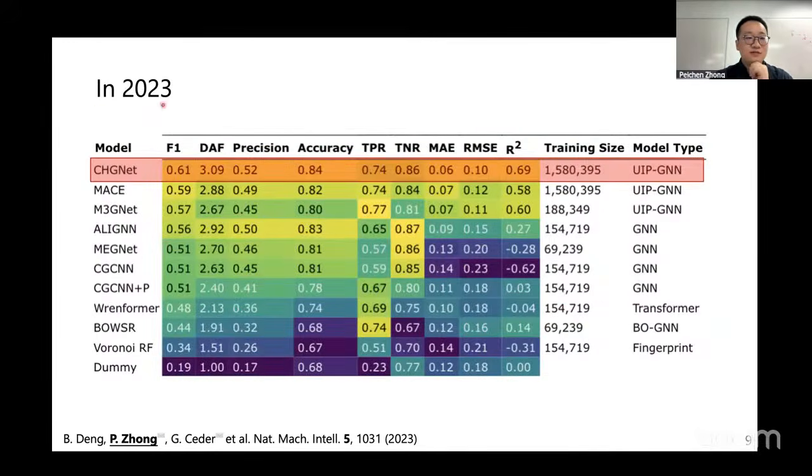So in 2023, when CHGNet was first released, it was the best machine learning model in discovering thermodynamically stable materials according to Matbench Discovery. Basically, if you get a higher score on this leaderboard, that means your model can predict better stabilities out of distribution. Now, that was the best machine learning model in 2023.